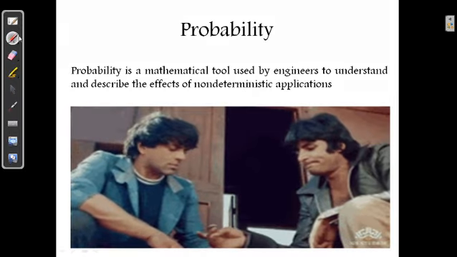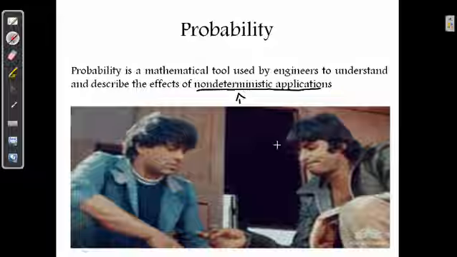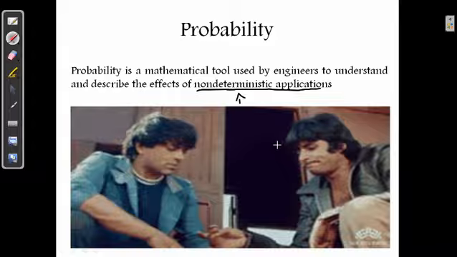Here we just concentrate on the word non-deterministic. As I said earlier, non-deterministic means the output which you will be getting is not known before the output comes. In case of tossing a coin, we will not know whether it will be head or tail, but once the coin is tossed, you will know the outcome.